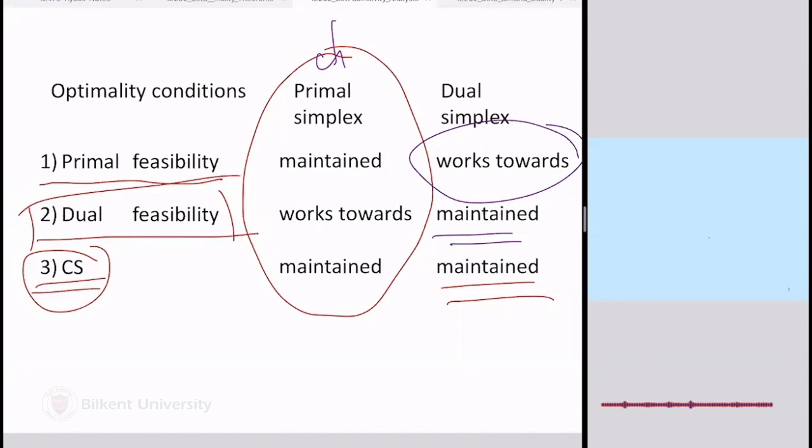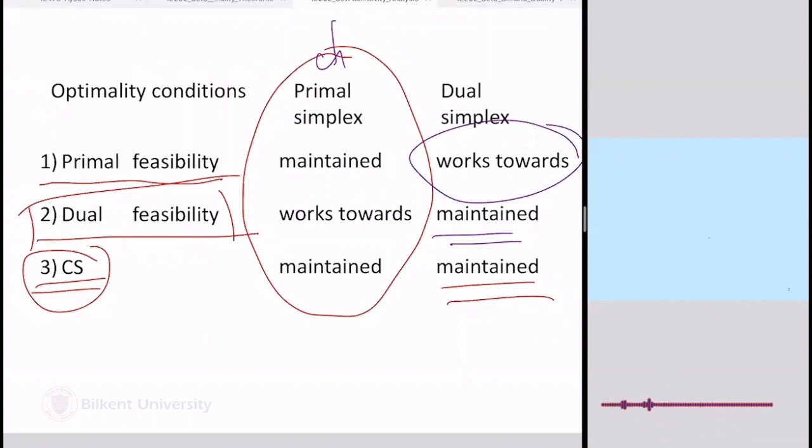And complementary slackness is always satisfied because I proved last time that the simplex table always satisfies complementary slackness conditions with c_B B inverse and the basis, all right? And we stop when we reach the feasibility of the other problem. So in the primal simplex, we maintain primal feasibility and we stop when the dual becomes feasible. In the dual simplex, we maintain dual feasibility and we stop when primal becomes feasible.